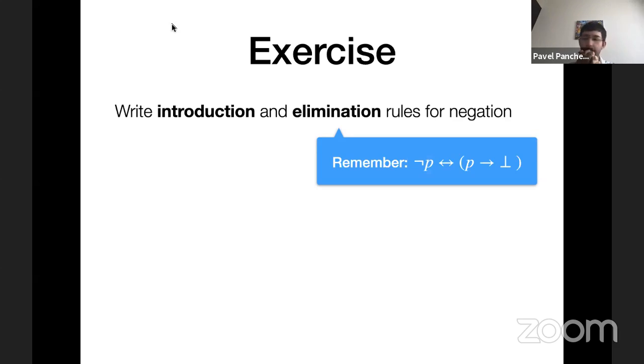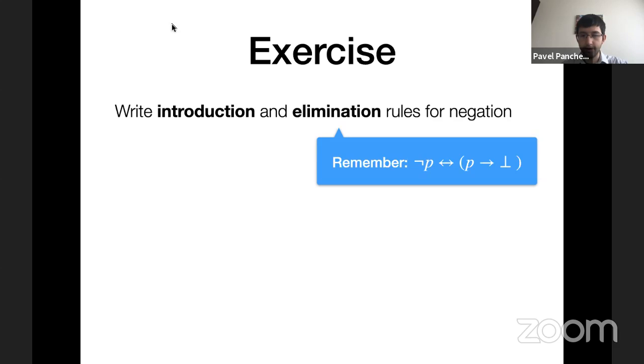Okay, hopefully you have scratched out something that looks like an introduction and elimination rule. I'm going to try something weird and different. I'm going to attempt to use the Zoom breakout rooms feature. I don't know what'll happen, but I think you're about to be randomly paired off in groups of a couple. Compare with whoever you're paired with and discuss to see if you feel like you've written down the introduction and elimination rules correctly.